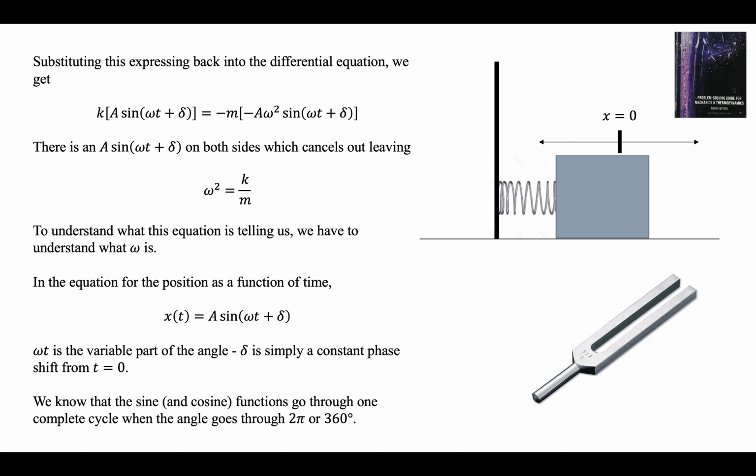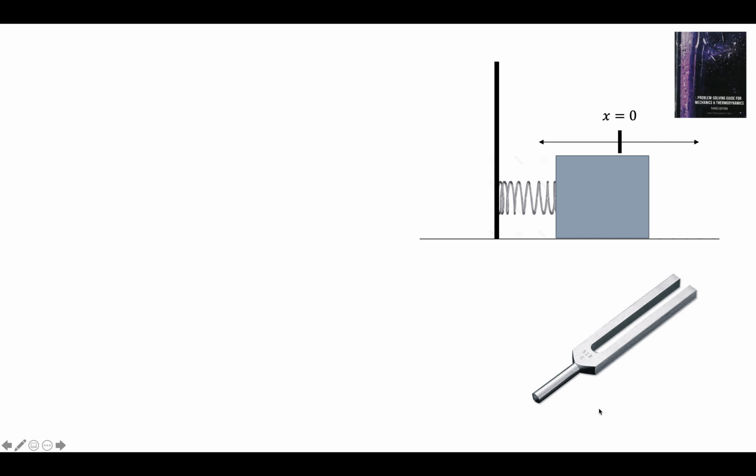They do something and they do it again and again, and it repeats every 2 pi. The cosine of any angle theta is the same as that angle theta plus 360 degrees. It's just another cycle. We know that the angle is omega t plus delta, and we know that the sine and cosine repeat every 2 pi, every 360 degrees.